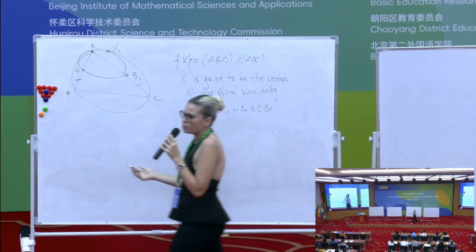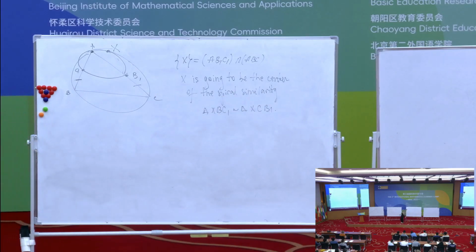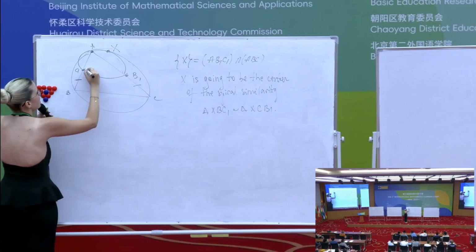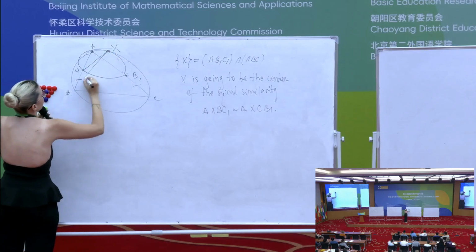If you don't want to talk about spiral similarity, you can write it in a trivial way by just talking about angles in circles.